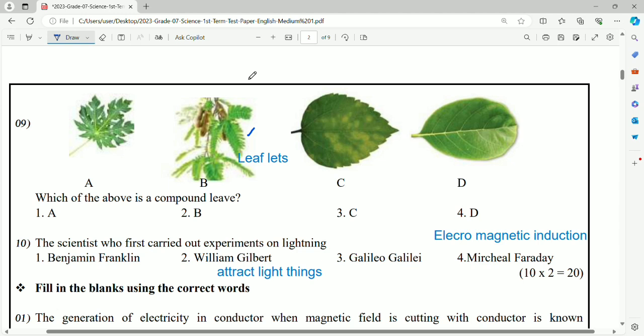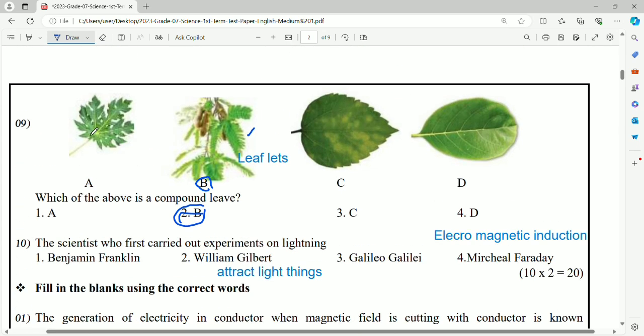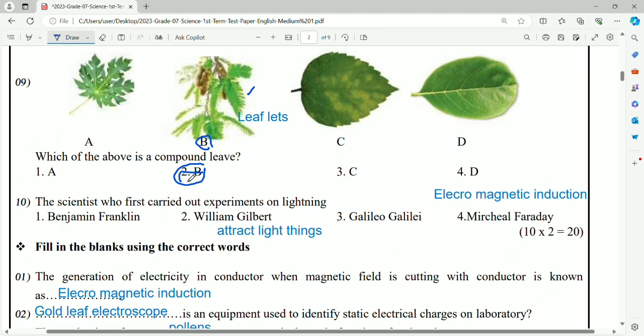Those are examples of compound leaves. The small leaves of a compound leaf are known as leaflets. The answer would be B. A, C, D are simple leaves. Only B is a compound leaf.